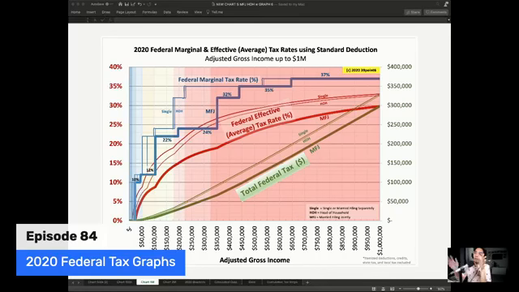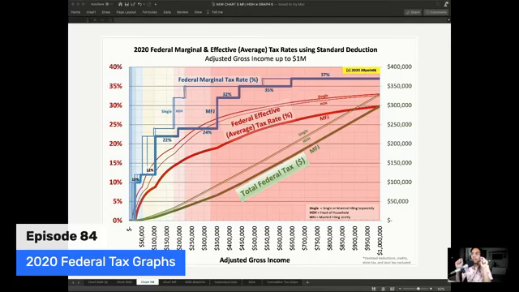So first of all, married filing separately and single have the same tax rates in 2020 as they've had since the Tax Cuts and Jobs Act. So they are going to be on the same line. Head of household is basically single, but you also have a dependent, so you get a slightly higher standard deduction, and that means you have a little bit extra money that is tax-free.